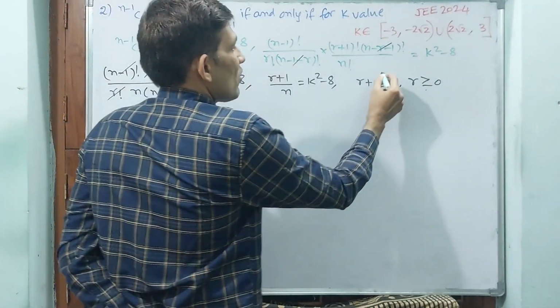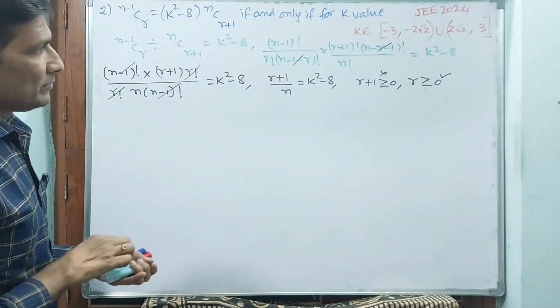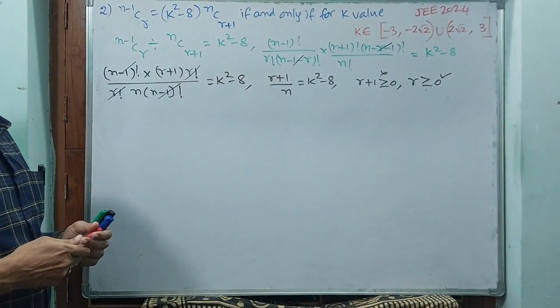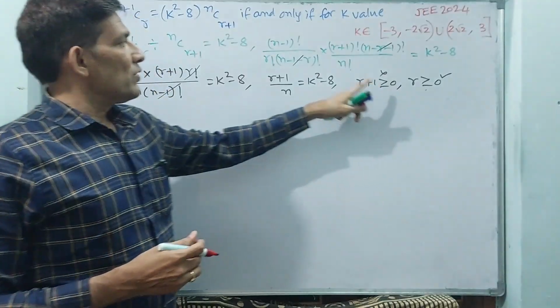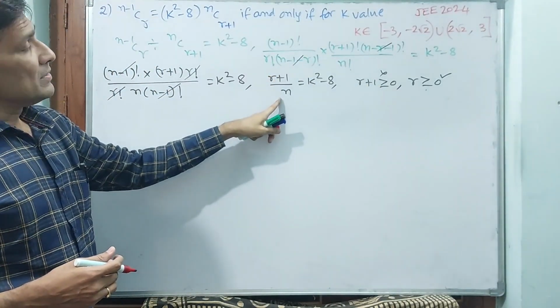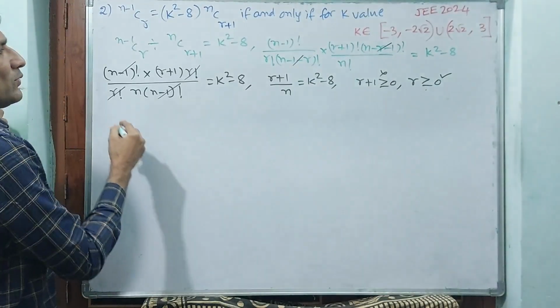That is why you avoid this, you take only this: r is greater than or equal to 0. Understand? In this case, if r is greater than or equal to 0, even if it is equal to 0 also, 1 by n is greater than 0.